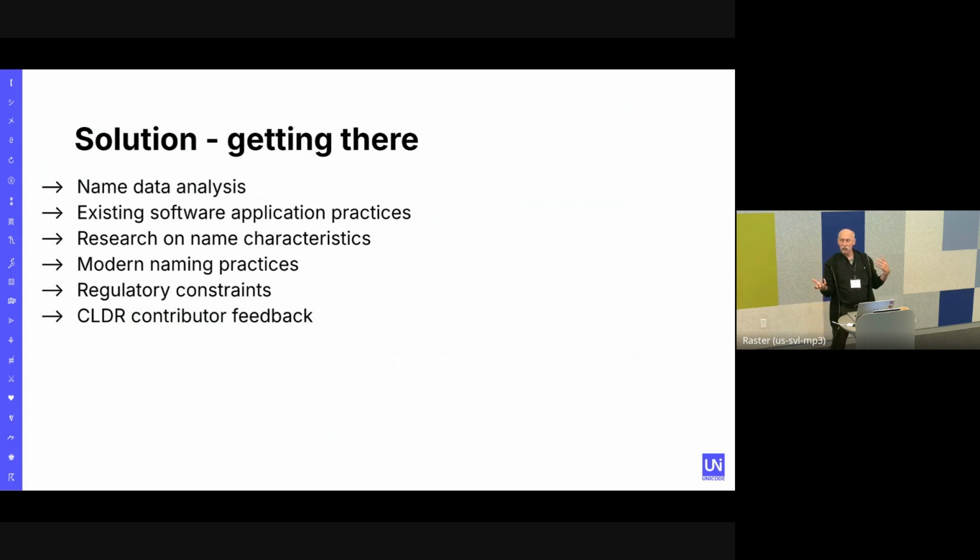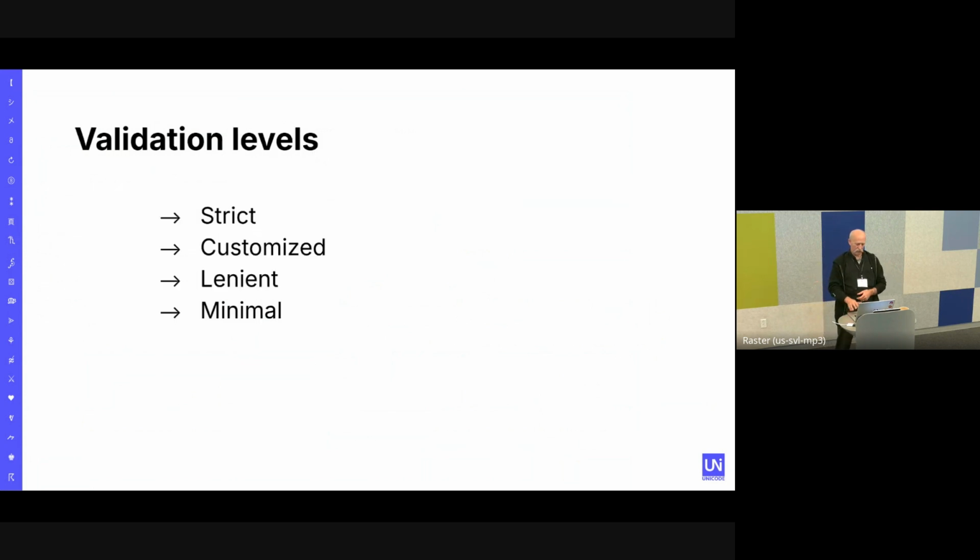We haven't gotten quite to the area of feedback for contributors to see what we need. So we came up with a series of levels for the validation. Strict is, and I'll go into more detail, where it has the most rules applied to what is in a name.